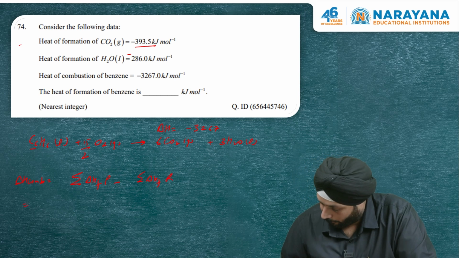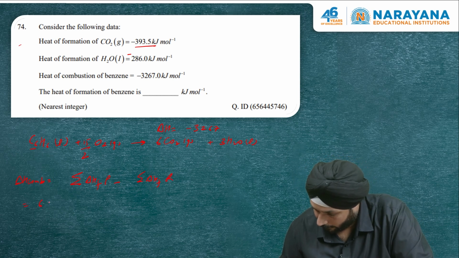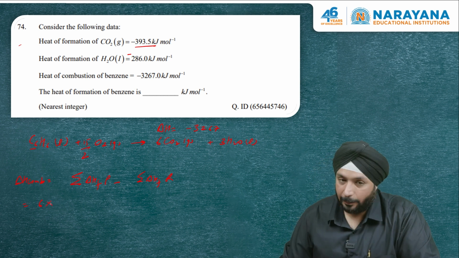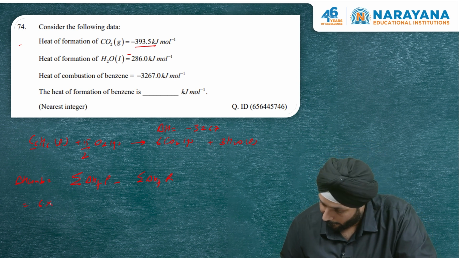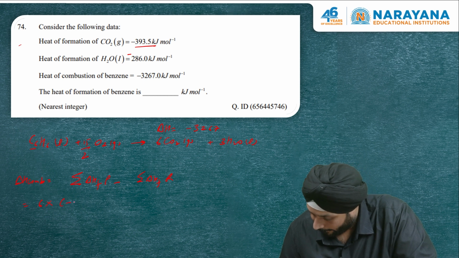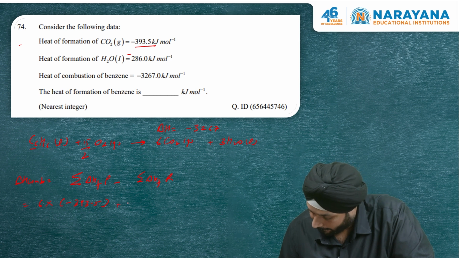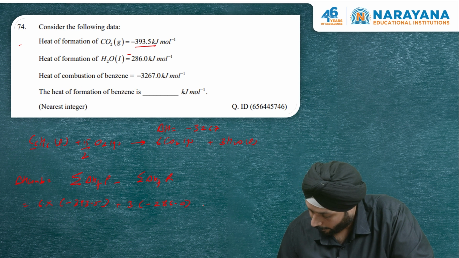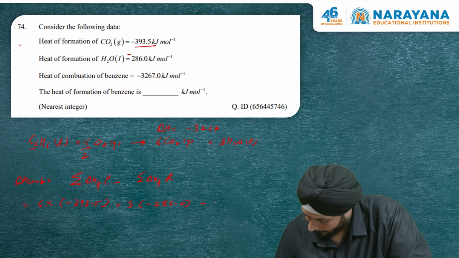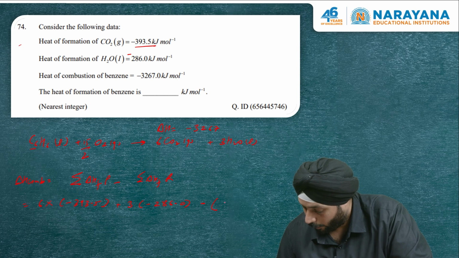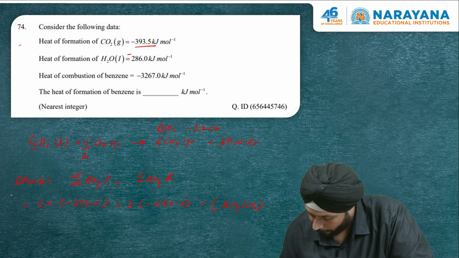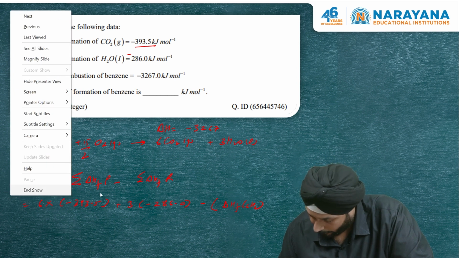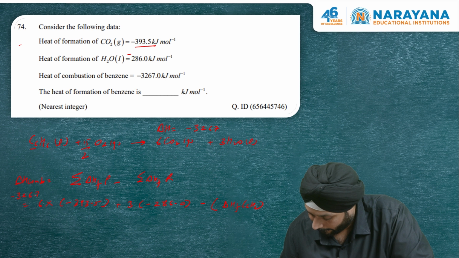So it comes out to be how much? 6 into minus 393.5 plus 3 into minus 286.0 minus enthalpy of formation of benzene should be equal to minus 3267.